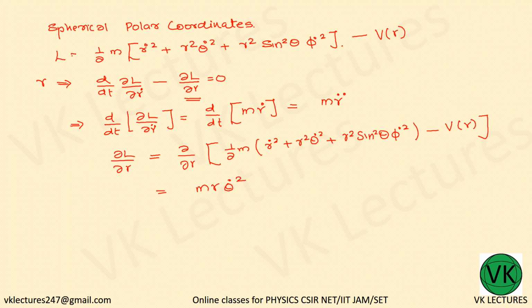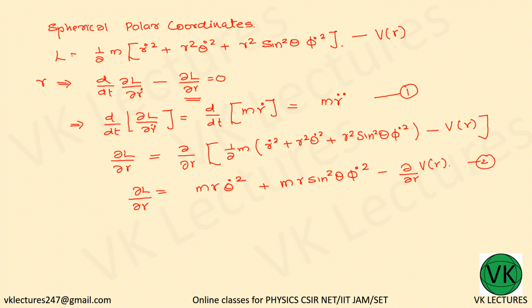Now again here you have r square, so plus m r sine square theta phi dot squared, and again here you have minus dou by dou r of V of r. So this is dou L by dou r. Now this is 1, this is 2.